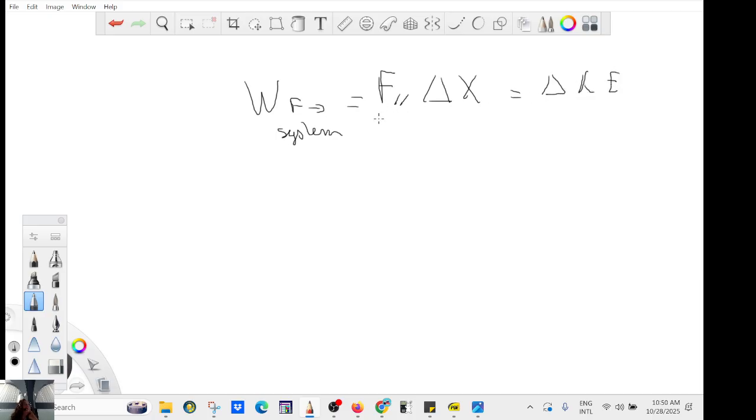But if the force changes with x, now you need a sum. You need to add all the little bits of work. Remember, when we talk about the net work of the force on the system, you need to add all those little works done by the forces. But that means it's an integral. Integral means sum.